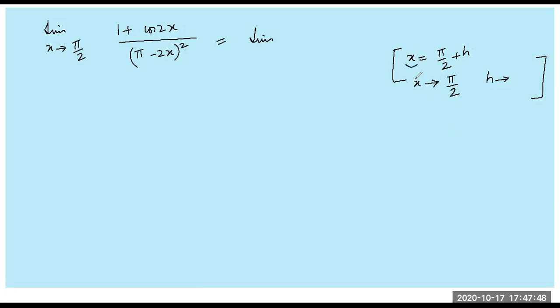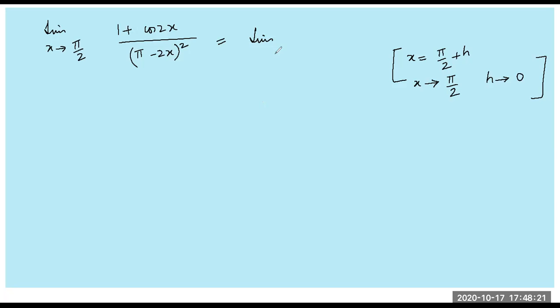Instead of x, you have already put pi by 2 plus h. This is not the right way of telling you, students. We are not putting x equal to pi by 2; we are making x approach pi by 2. So h will approach 0, right? h will approach 0.